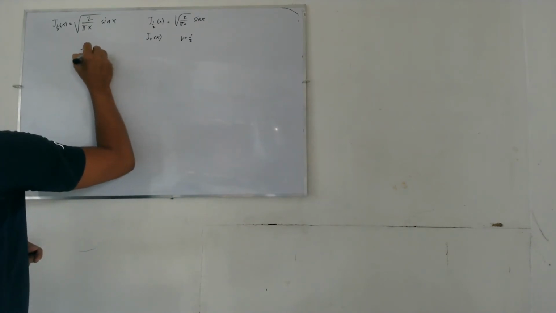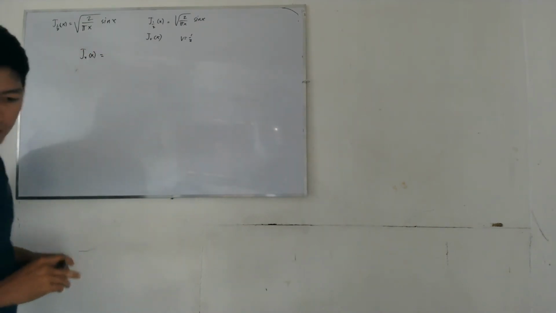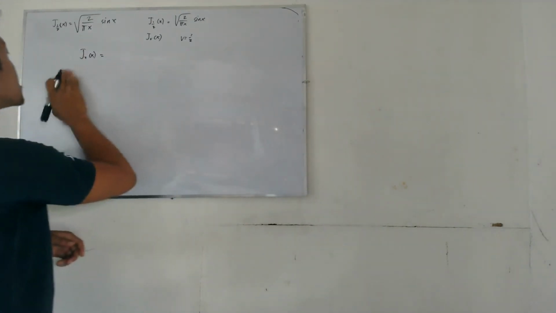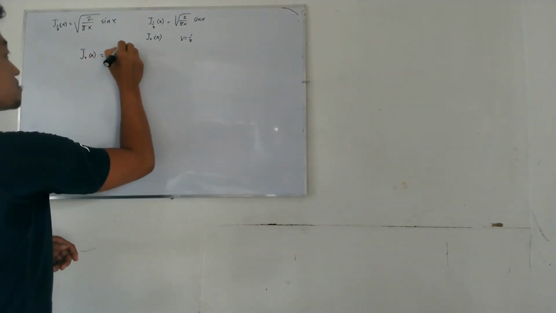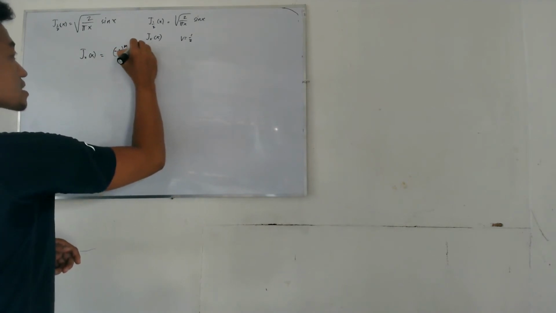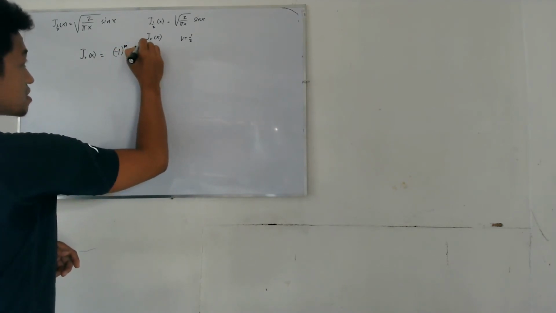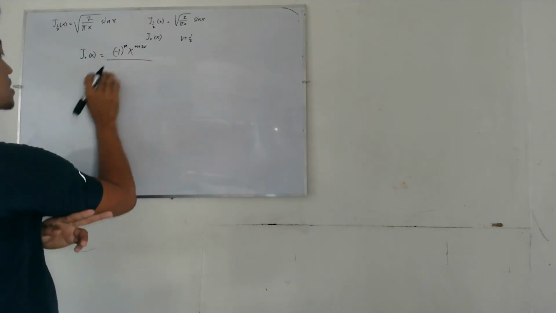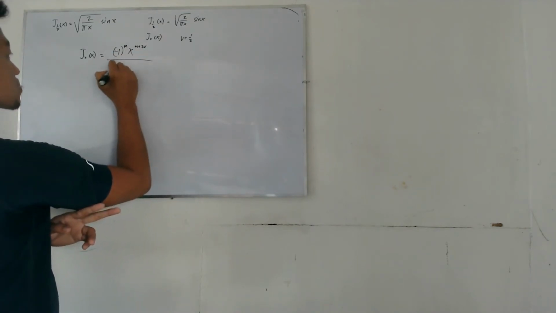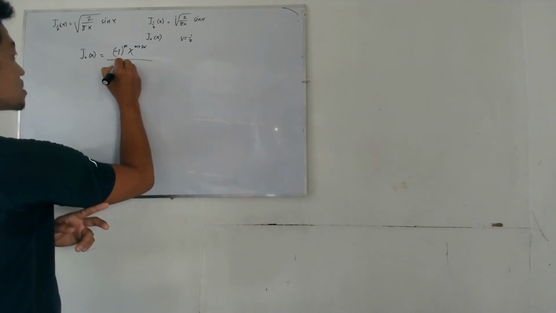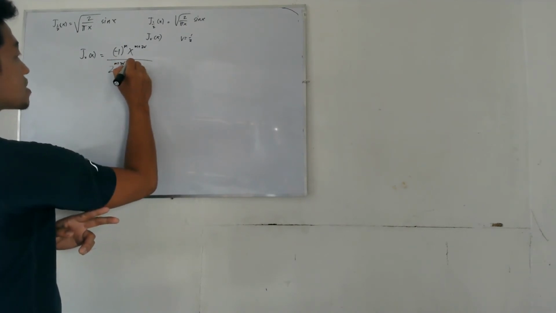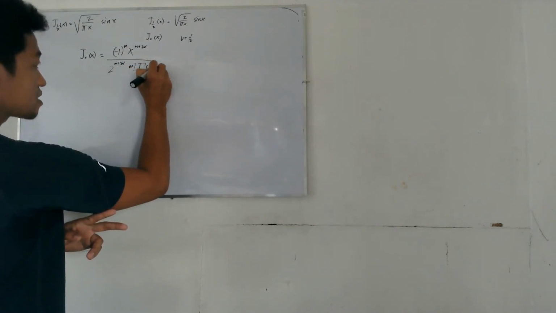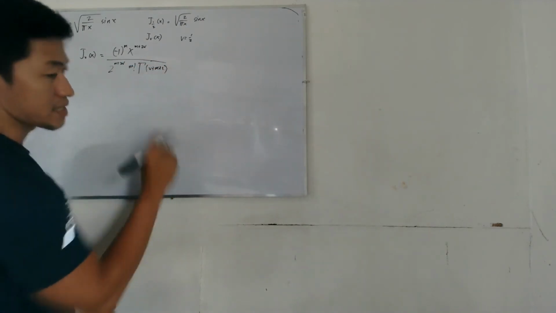Jv of x is, so ganito itong equation, negative 1 to the m x to the m plus 2v over 2 to the 2m plus 2v m factorial gamma of b plus m plus 1.